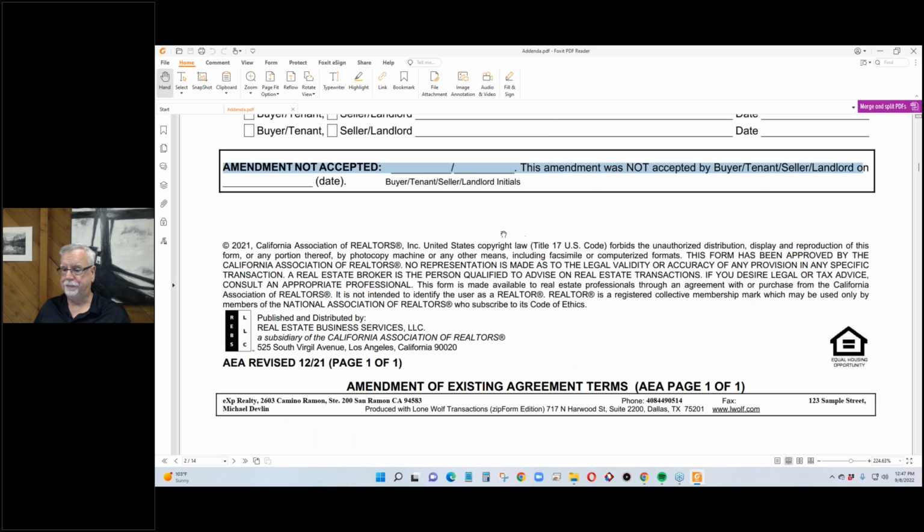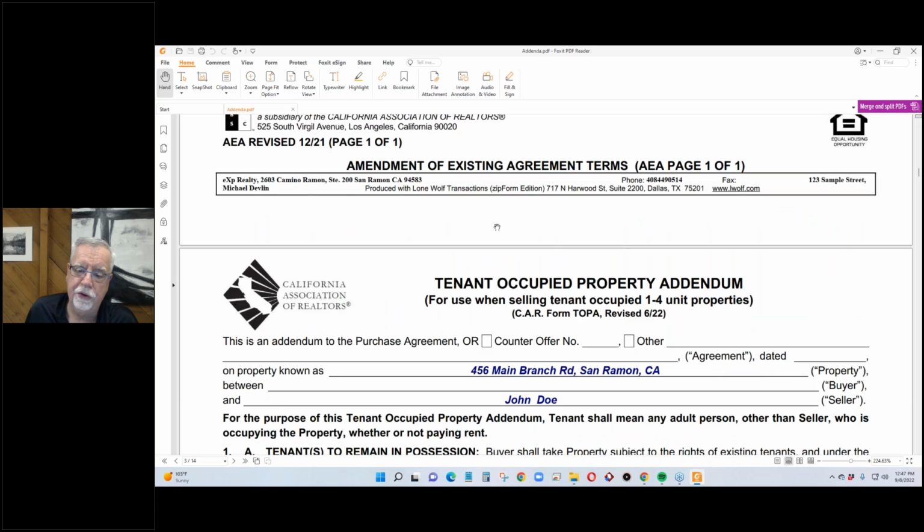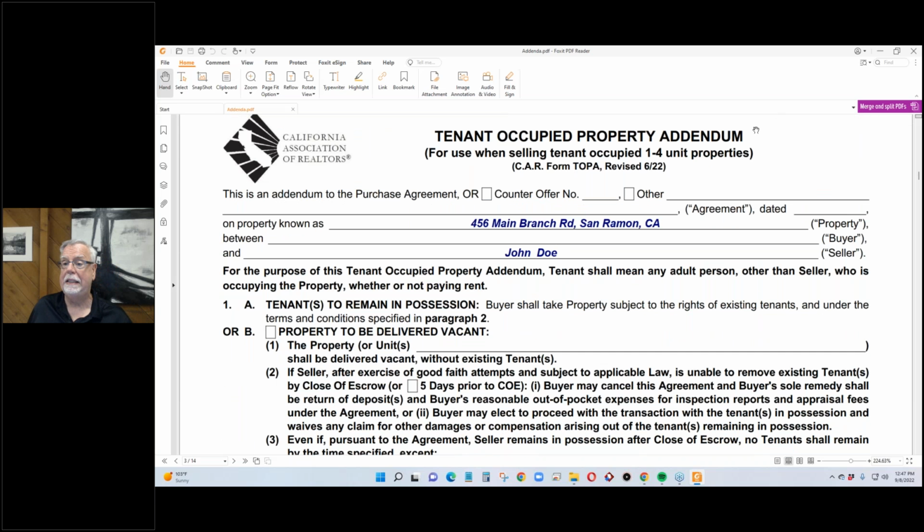All right. So what's another addendum that you might see a lot, but you can always hope. The TOPA form, which is the tenant occupied property addendum. Now, changes have been made from what used to be the tenant in possession form, the TIP form.